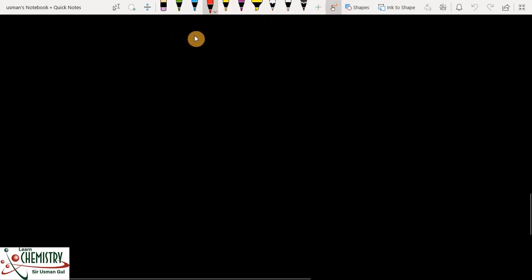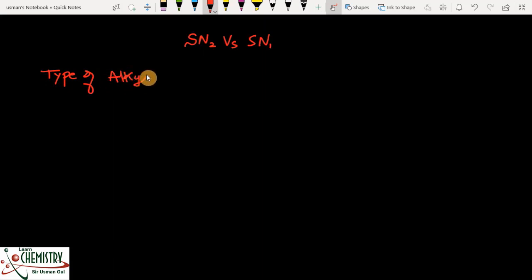Now let's talk about the comparison of SN2 versus SN1: what kind of alkyl halide or what condition will give us the SN1 reaction mechanism, or the SN2 reaction mechanism. Remember that when we talk about the type of alkyl halides, we normally have 4 types.